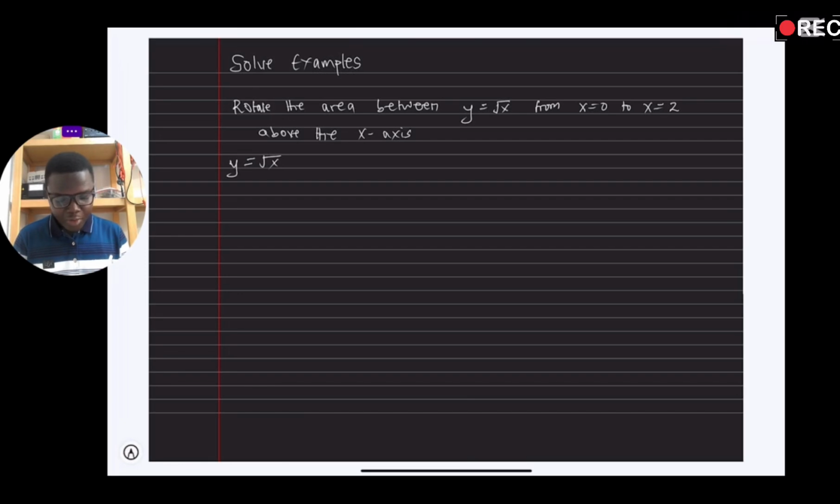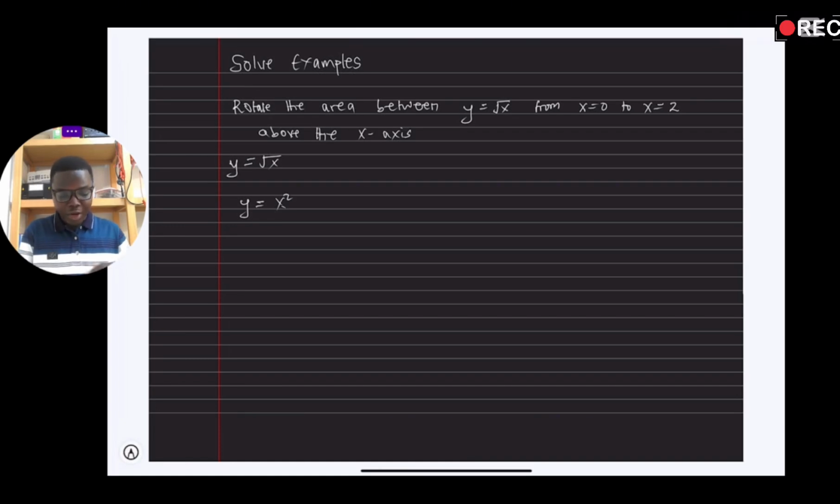So how can we graph y equal to square root of x? Before we do that, let me quickly remind you of some of the stuff that you learned some time ago. If you are asked to graph y equal to x squared, it's simple, right? You quickly find the turning points, and then you know this is a minimum graph, because the coefficient of the highest power, which is x squared, is positive.